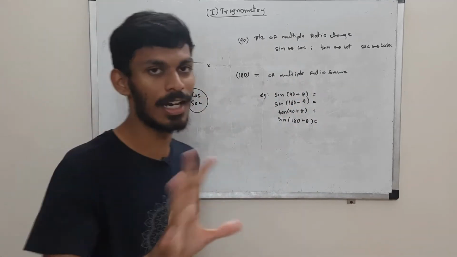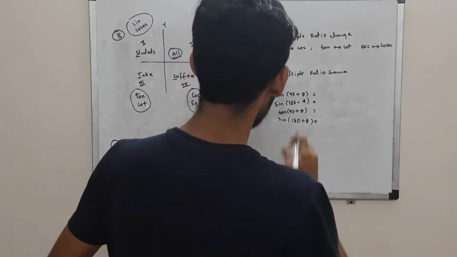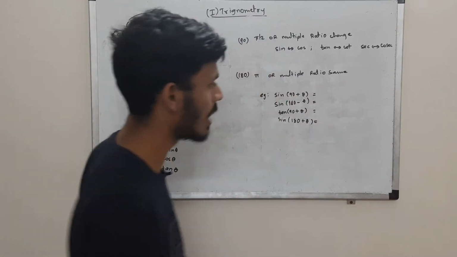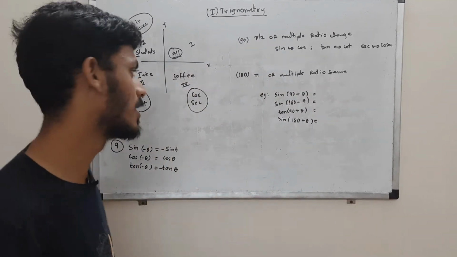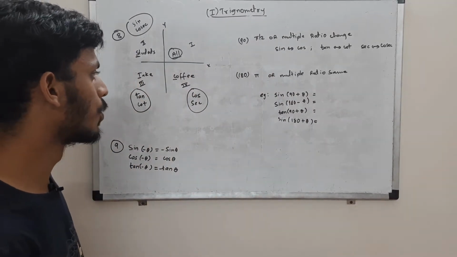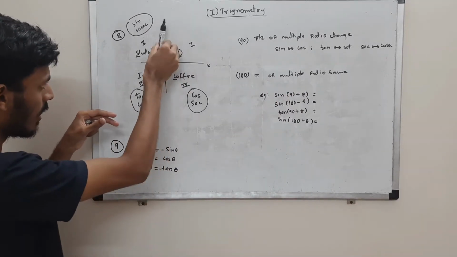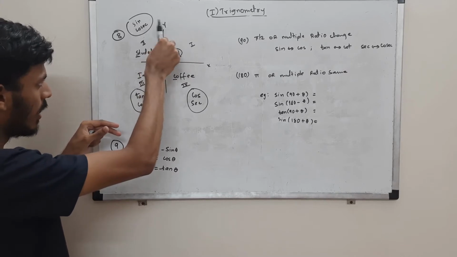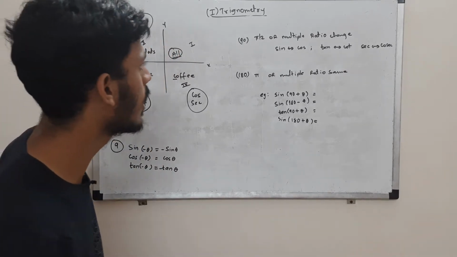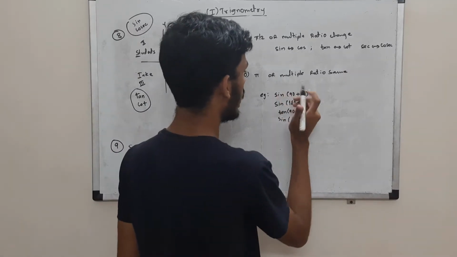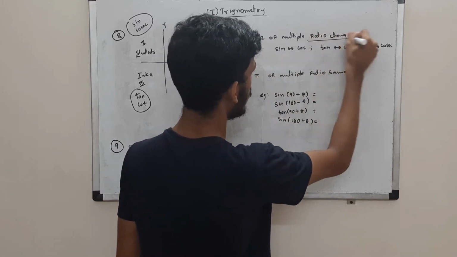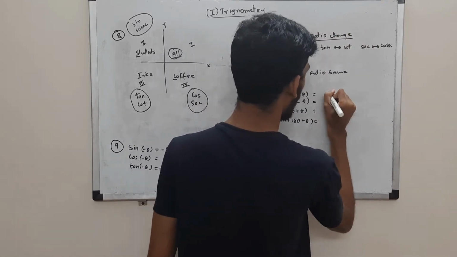So let's understand what this means. What will be sine of 90 plus theta? You can clearly see that it will be in the second quadrant. 90 is this angle, and 90 plus theta is in the second quadrant. So for sine of 90 plus theta, the ratio changes for 90, so sine will become cos.